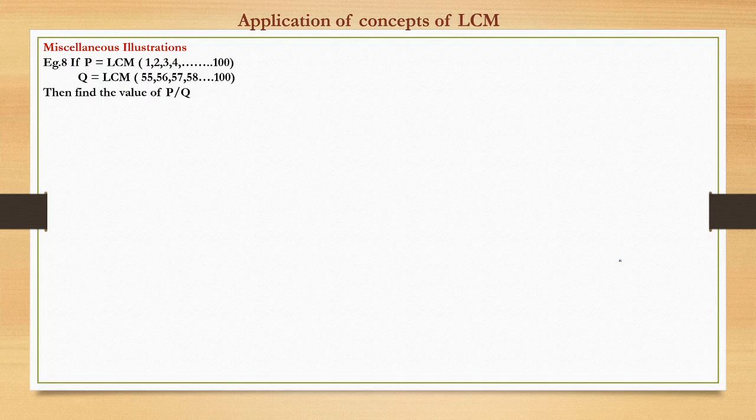Now we will see another application of LCM. This is another important question. P has been given as the LCM of 1, 2, 3, 4, up to 100. So what could it be?